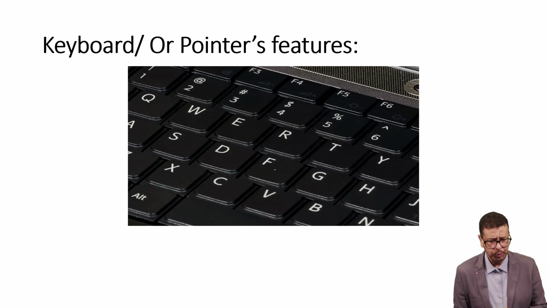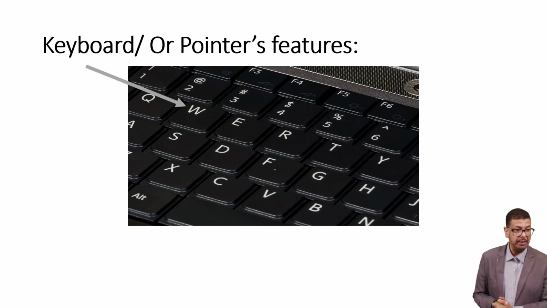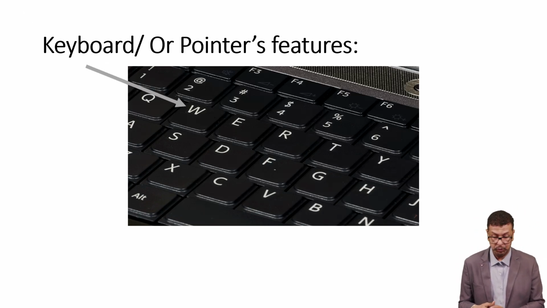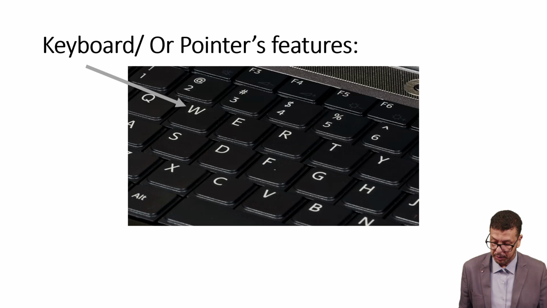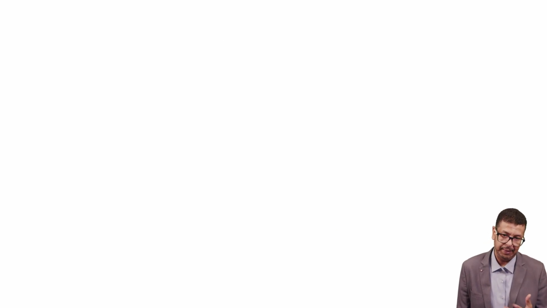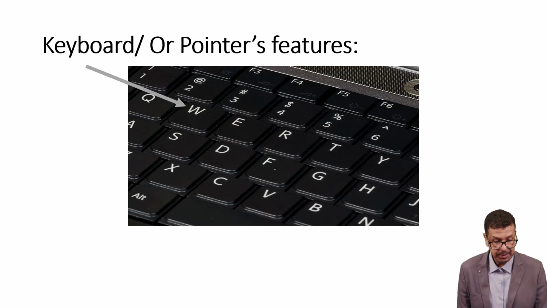It's very important to know that on the keyboard we have some functions that we can use. For example, if I press W, the screen will become white like this. And if I press B, it will become black like this. So when to use this function?